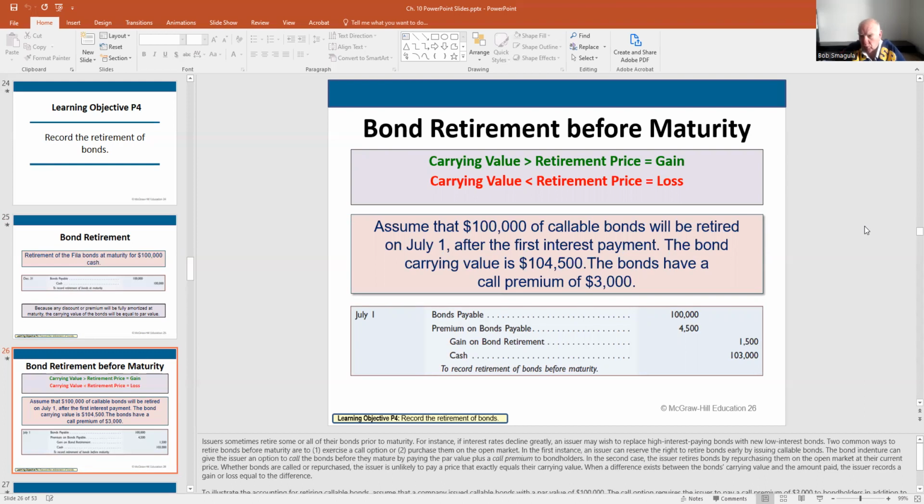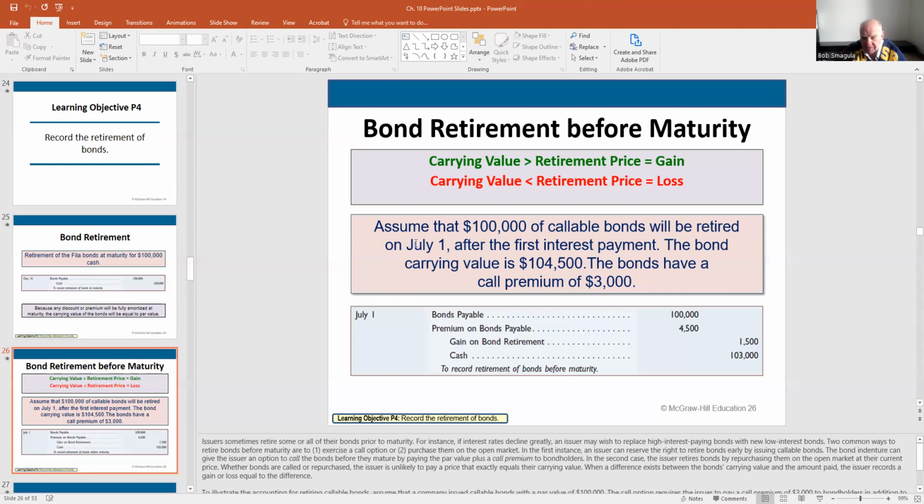If the bond is callable, meaning that the borrower can call the person loaning them the money and say, I'm out, here's your money, we're even. That party who's borrowed the money is going to have to pay back $100,000 for sure. That's how much they borrowed.